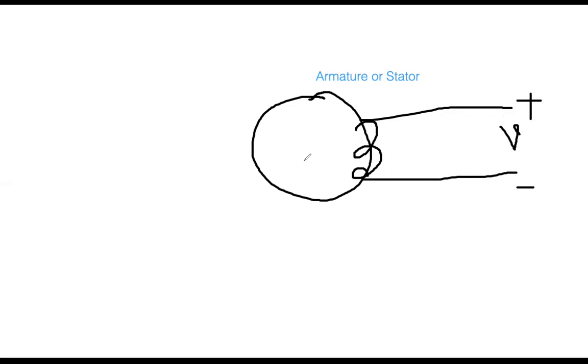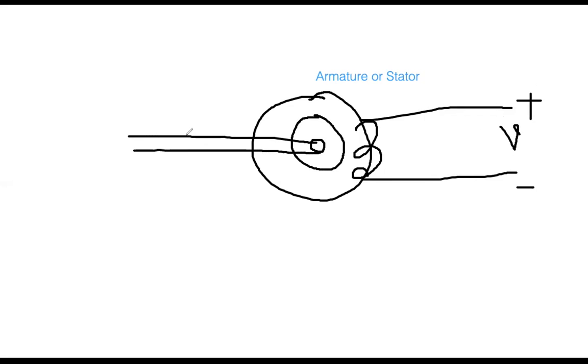Now, it is not enough that you will only have a coil and it will produce voltage. You need a magnet. So, for example, we have another body, to which this shaft is connected. This is called the shaft. You all know that term, shaft.